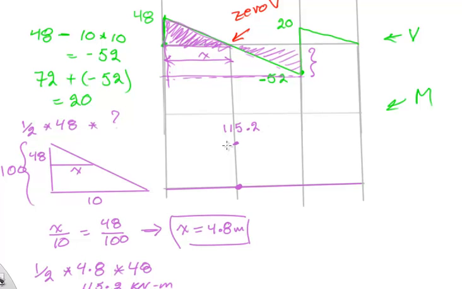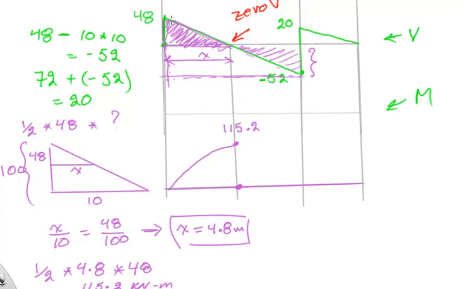Alright, so is it a straight line? Is it a curve? Since the shear diagram is a straight line declining, then this should be a parabola or curve. If the shear diagram was a horizontal straight line, then the moment diagram here is going to be a straight line.